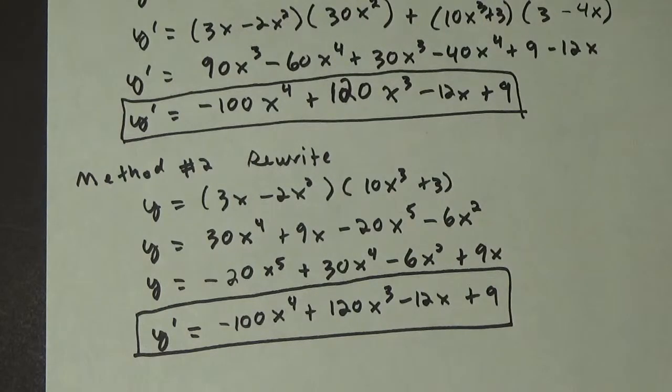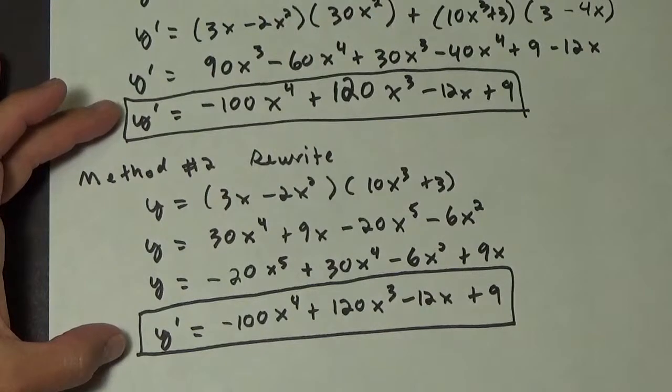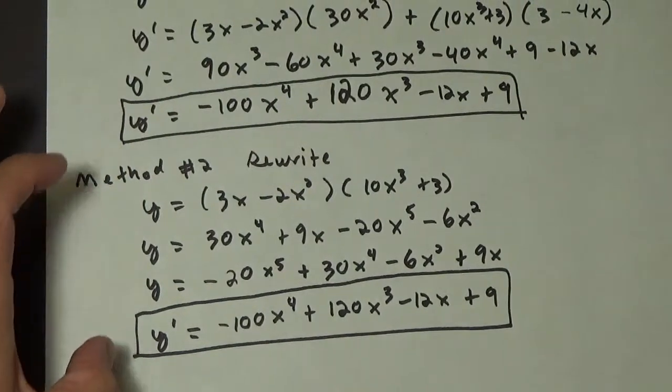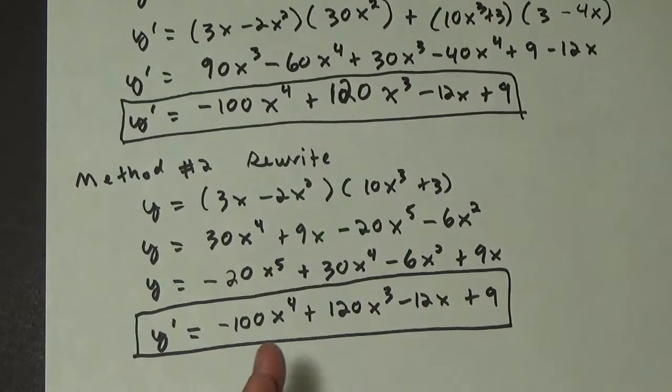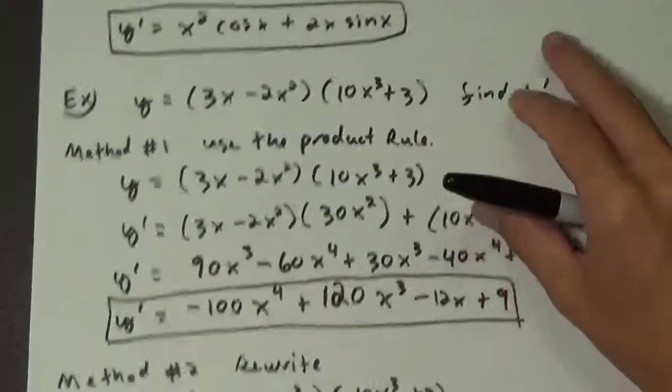But I just kind of wanted to point out that oftentimes in calculus, there are different ways to get to the same answer, and so just because one person does it one way and another person does it another way, it doesn't mean that either person is wrong. It's just, you do end up with the same answer. Now, of course, we do have to note that this just happened to work because we had two polynomials being multiplied.